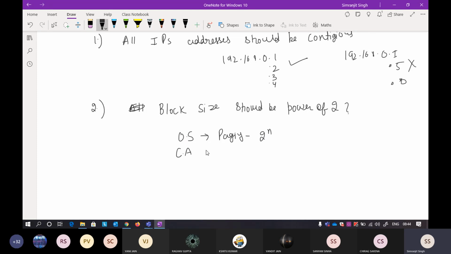In a similar way, the cache block size is also always a power of 2. If you know computer architecture, the tag finding and other things are also always in powers of 2. So the main question is why everything in computers is sized in powers of 2.